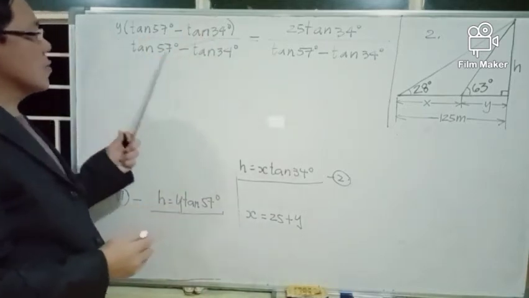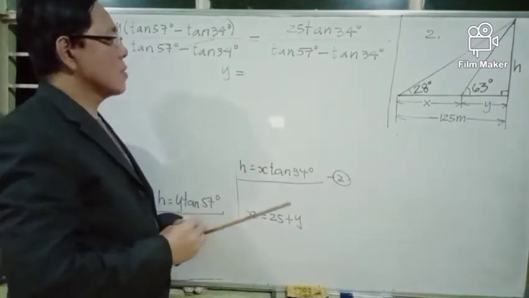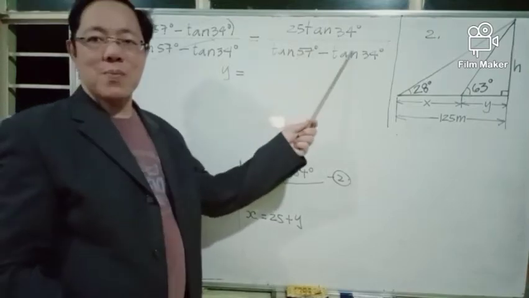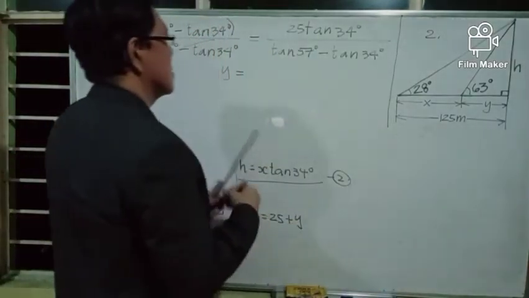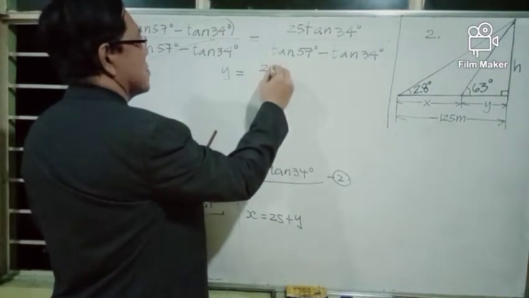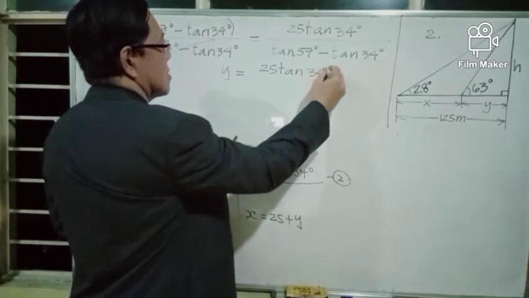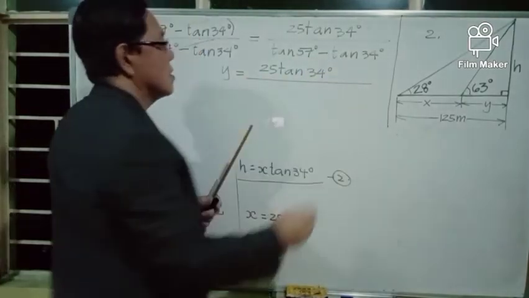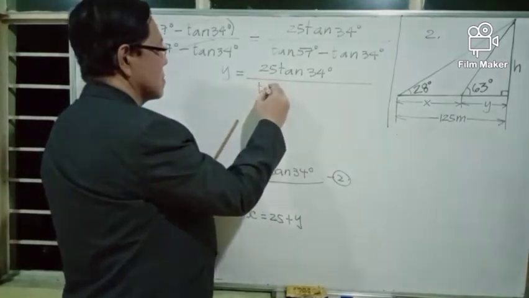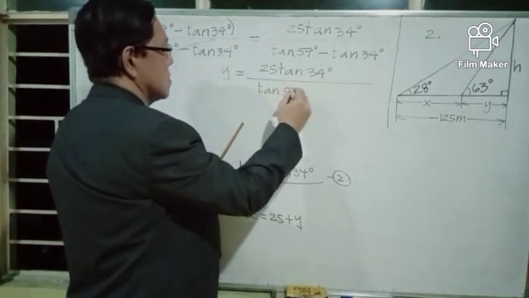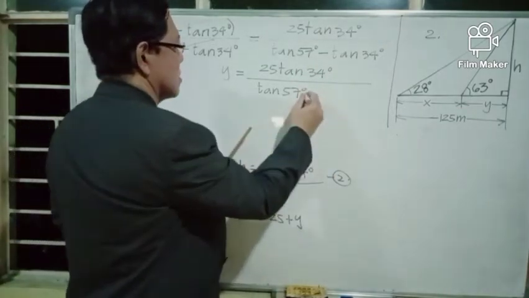Therefore, y is now equal to 25 times tangent of 34 degrees, divided by tangent of 57 degrees minus tangent of 34 degrees.